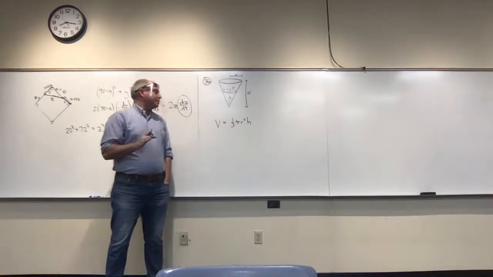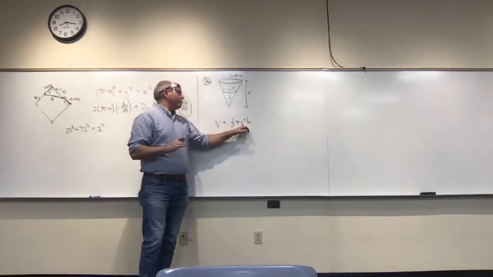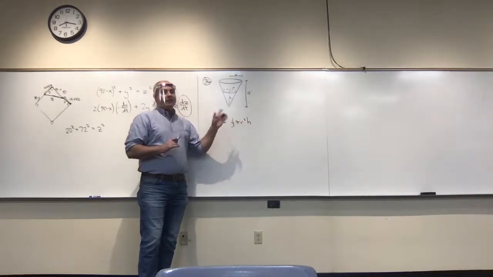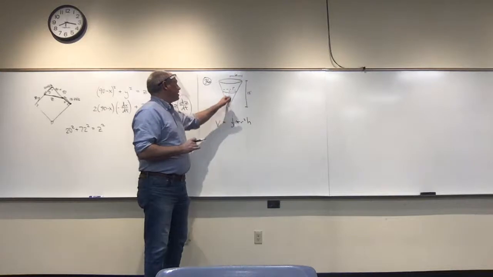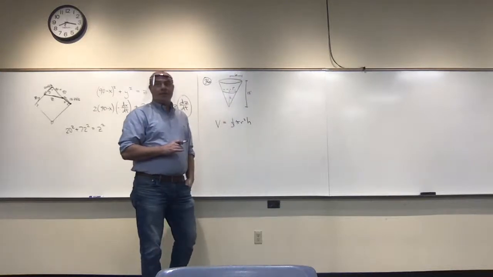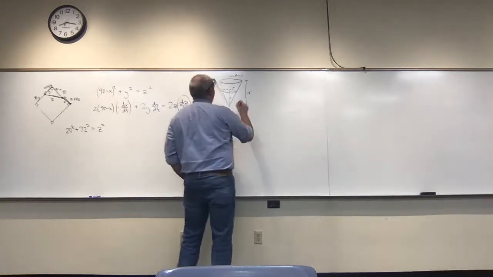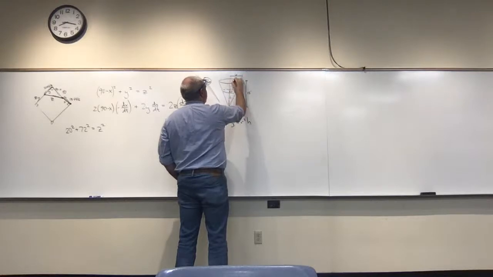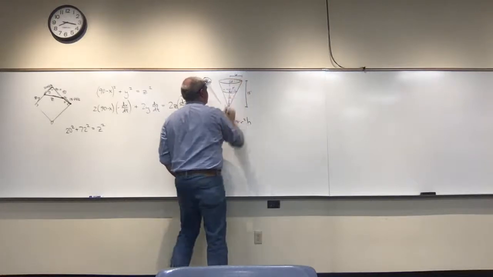And so what I'd like to do is say, okay, I don't know what dr/dt is, so can I get rid of r? And the answer is you can, using similar triangles on this cone. So look at this. I've got this triangle, which is a right triangle. And I've also got this triangle, which is a right triangle.